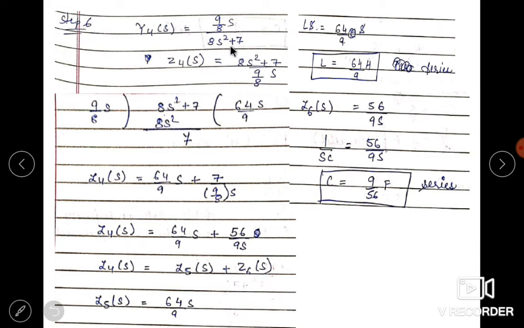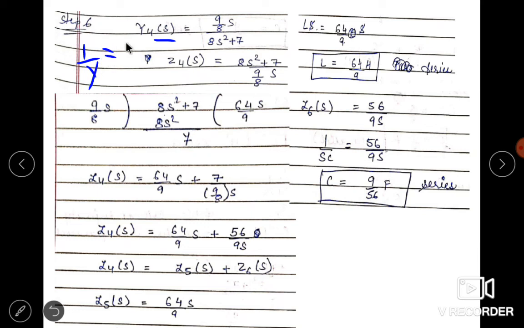Y4. So we keep resolving this quotient, and find out in the same way 9s divided by s squared, because this is the admittance, and you must remember that admittance is the reciprocal of the impedance.